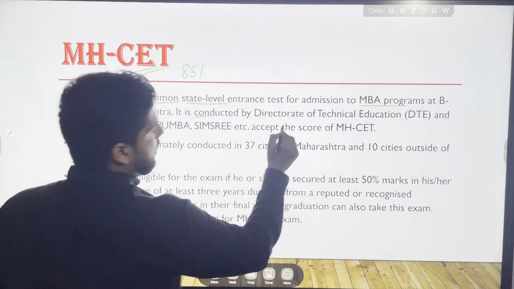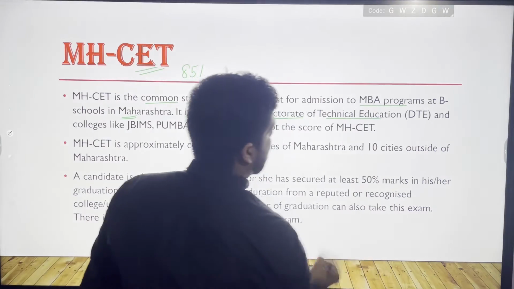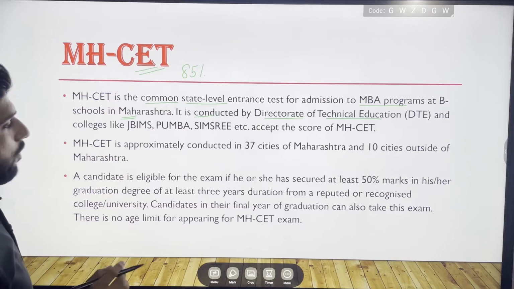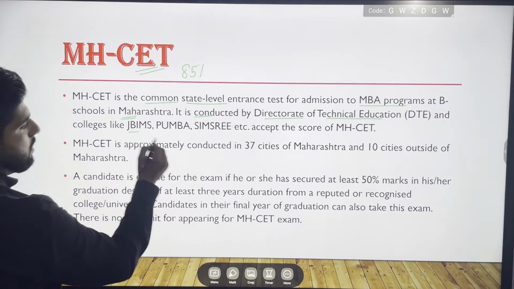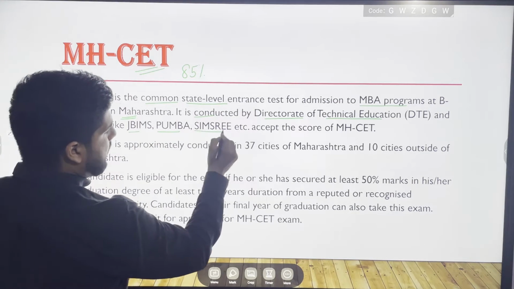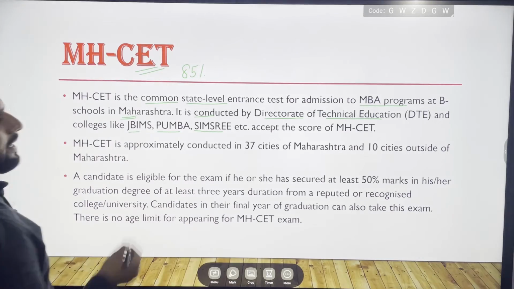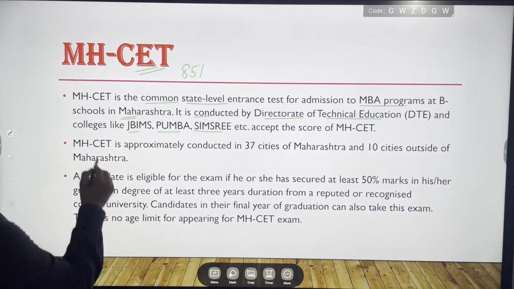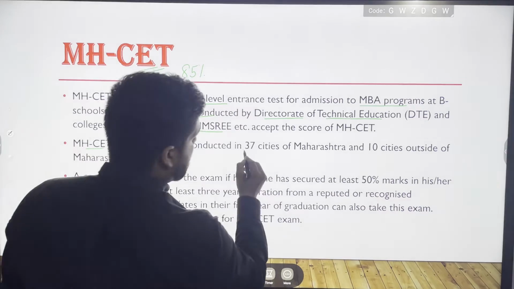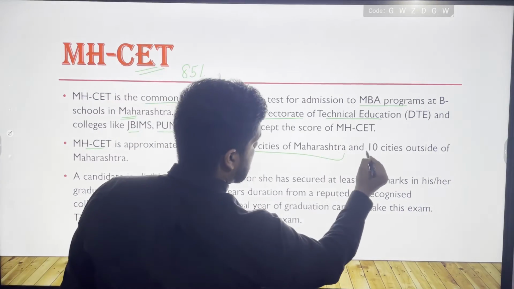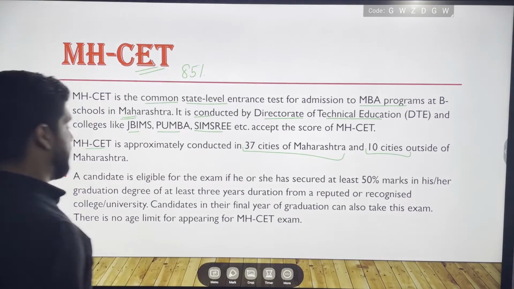This exam is conducted by the Directorate of Technical Education for colleges like JBIMS, PUMBA, SIMSREE, etc., except the score of MAHCET. Now this exam is conducted in 37 cities of Maharashtra and 10 cities outside Maharashtra.